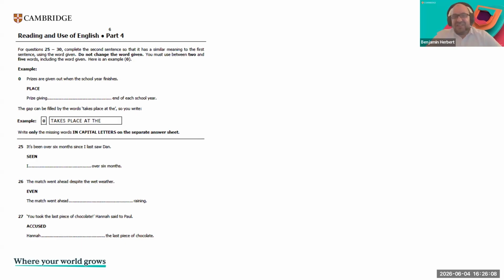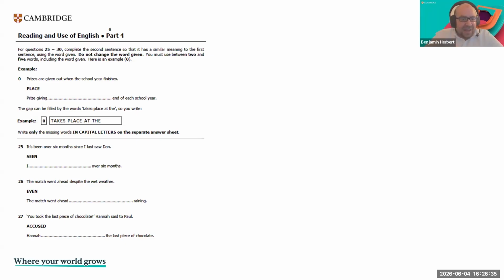There is then a second sentence underneath, which is incomplete. They need to complete that sentence using that word in capital letters so that the meaning is the same as the original sentence. It's also very important that they follow the rules. They should not change that word in capital letters in any way.